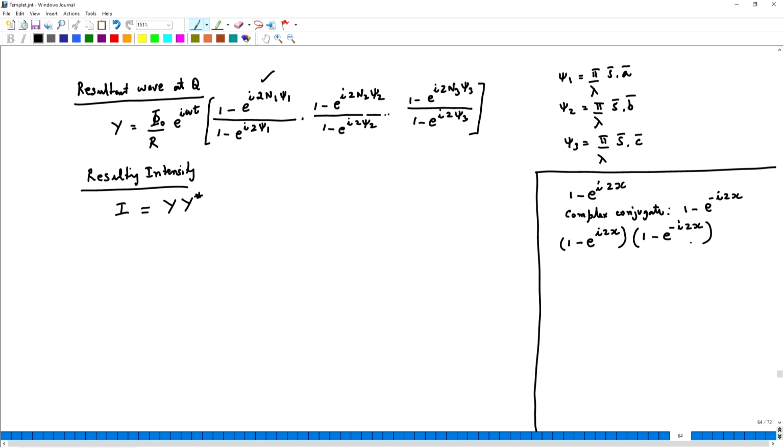Let us just expand this. On expansion, I will simply get 2 minus e to power i 2x plus e to power minus i 2x. Now, one can write the expanded form of e to power i 2x in terms of trigonometric functions as simply cos 2x plus i sin 2x.